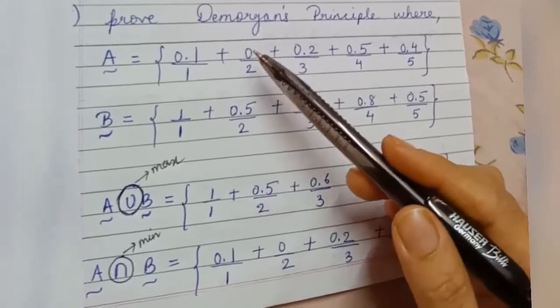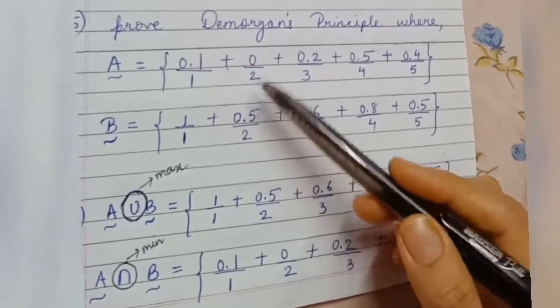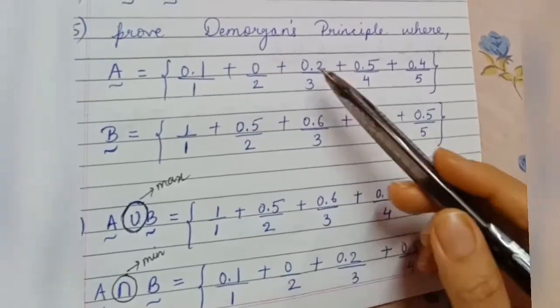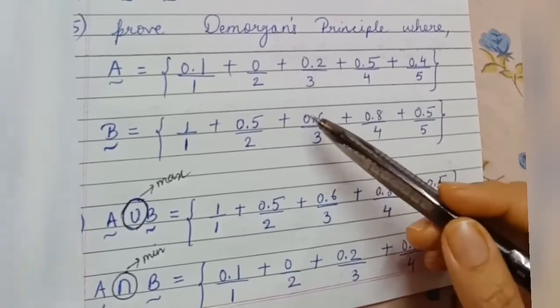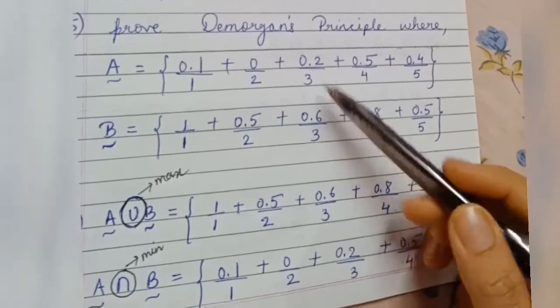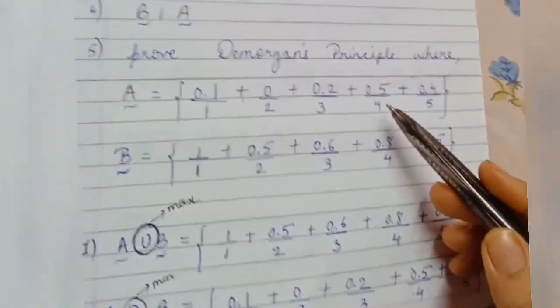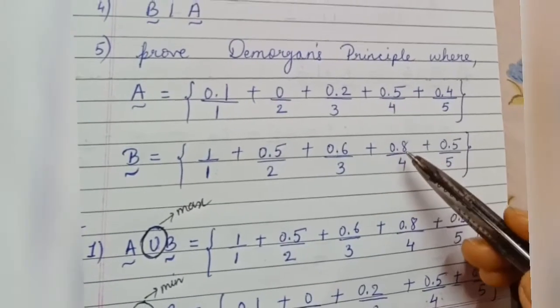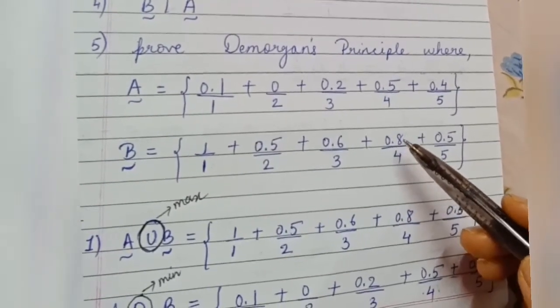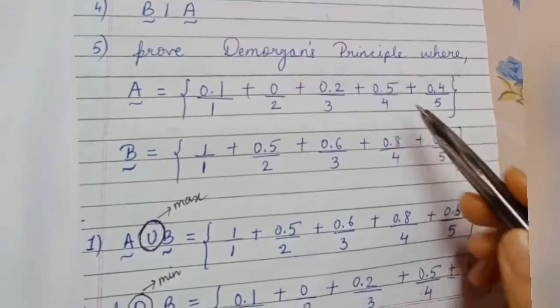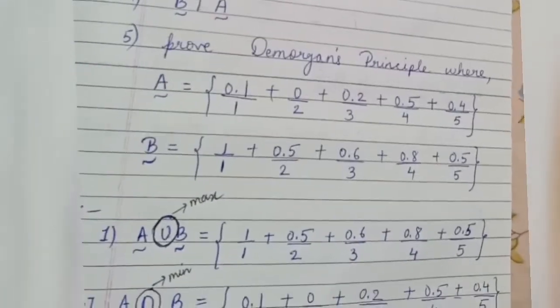Compare second, 0 and 0.5. So write 0 upon 2. Now let's compare the third element 0.2 and 0.6, which is minimum? 0.2. Write 0.2 upon 3. Next element 0.5 and 0.8, which is minimum? 0.5. Write 0.5 upon 4.